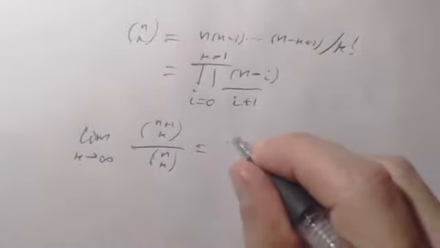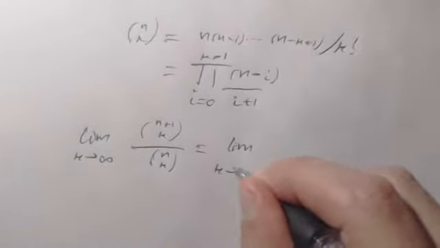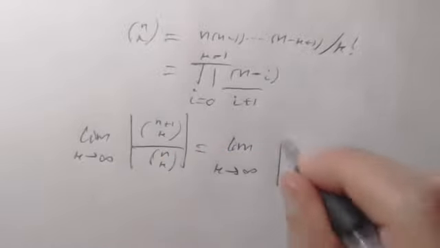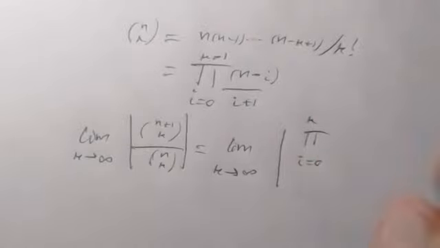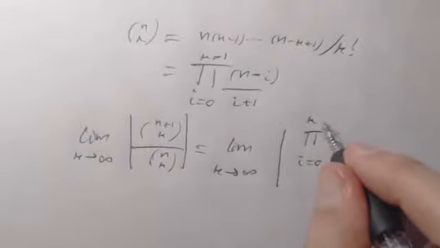And this is the limit, as k goes to infinity, of this product. So we need to take absolute values here. So the top is going to be the product, i equals 0 to k. Let's see.